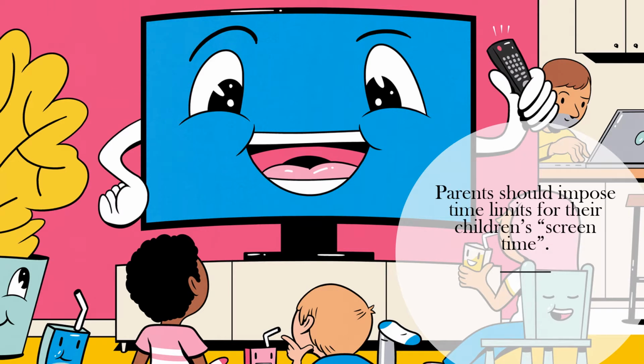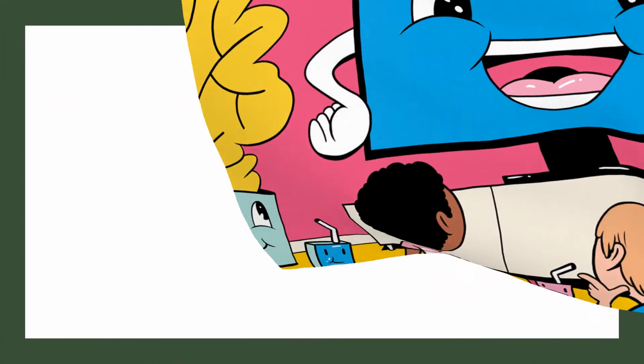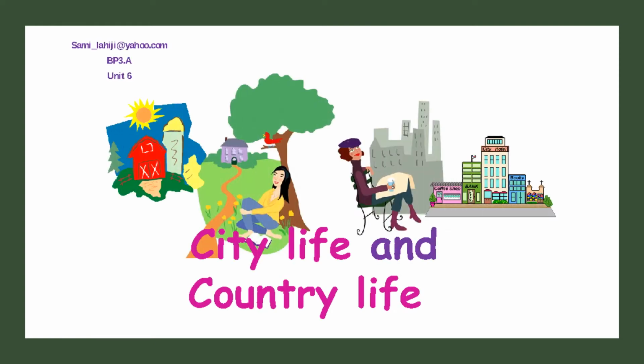Parents should impose time limits for their children's screen time. Answer: agree. Living in the countryside is better for you than living in a city. Answer: agree or disagree. Your answers may vary depending upon your reasoning.